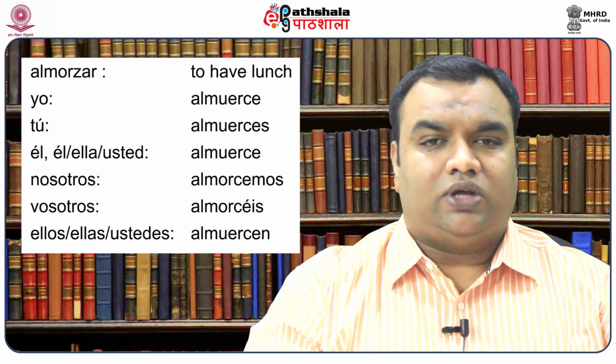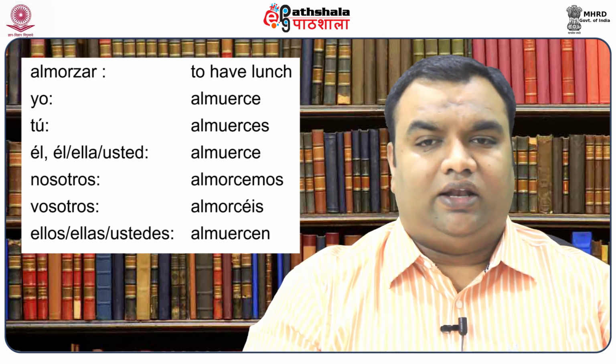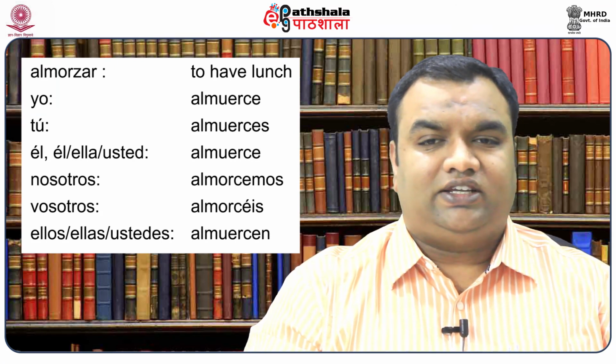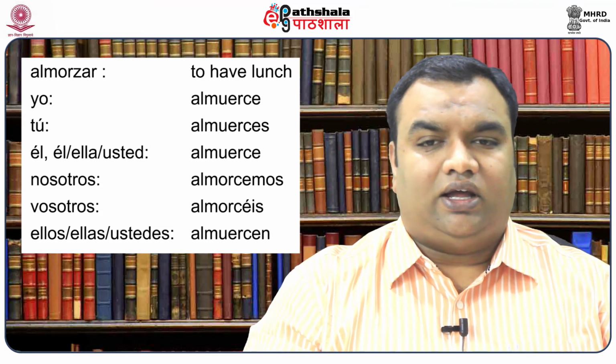Let us see some examples of irregular verbs to understand the conjugation patterns better. Almorzar, to have lunch, is conjugated as almuerce, almuerces, almuerce, almorcemos, almorcéis, almuercen.